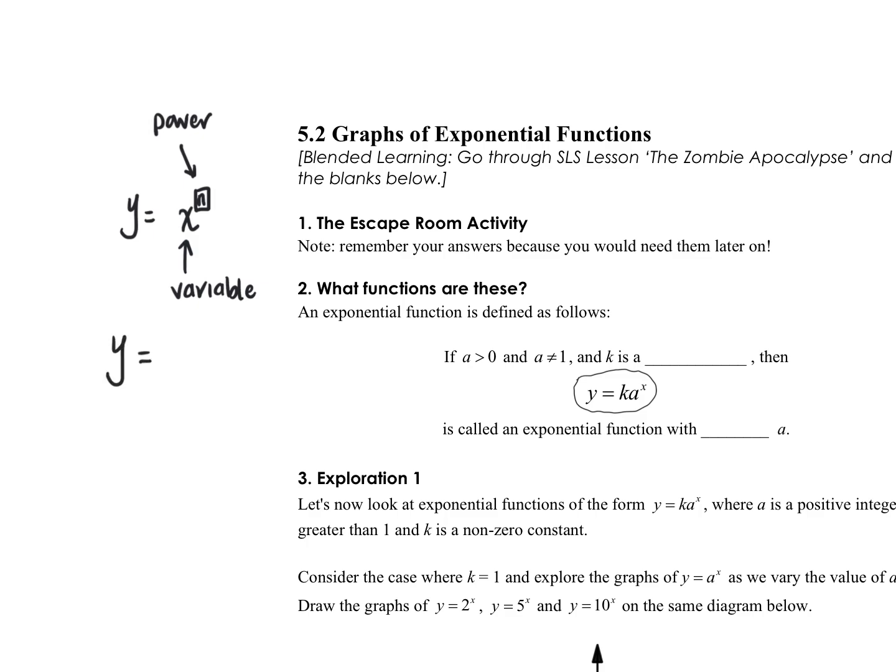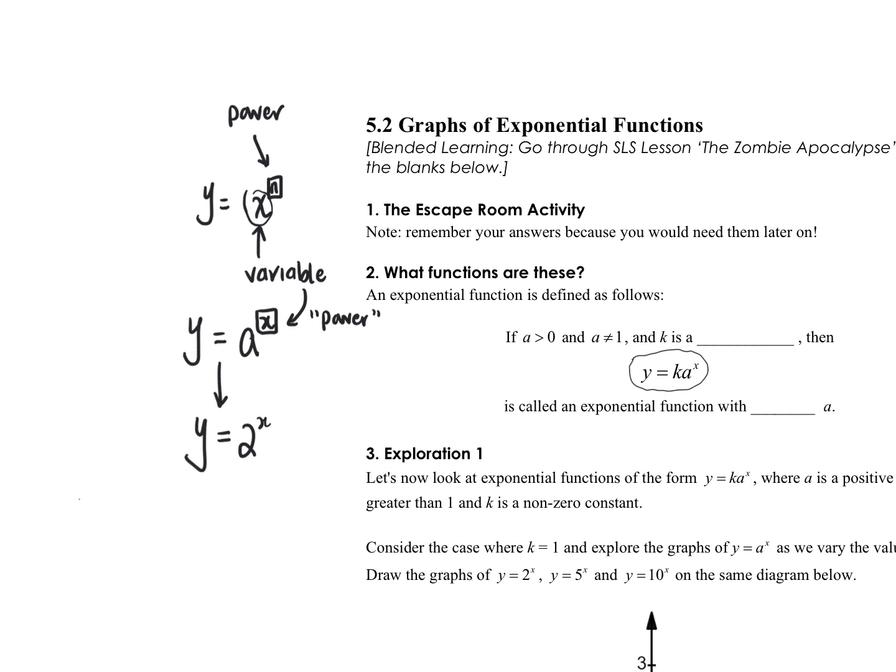Exponential is that the power is the x. So the variable is in the power. Your x appears in the power, in the exponent. But all the others you have learned, the x is the base number. Just take note of the difference. So what kind of graph will you see? You will see y equals 2 to the power of x.